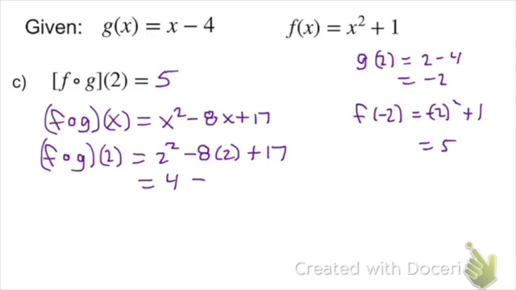And we get 4 minus 16 plus 17, which is 5. So you can do this either way. You can plug the 2 into the g function and then plug that answer into the f function. Or you can compose the two functions together first and then apply the 2 to your composite function. It is your call. You'll get the same answer either way. It's usually a personal preference how you do this.